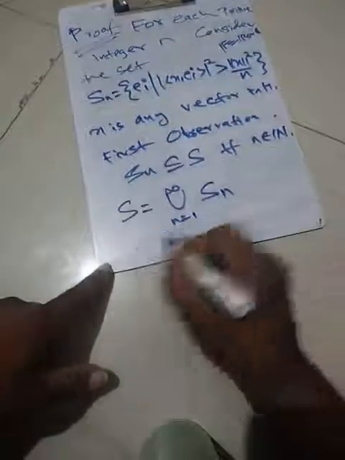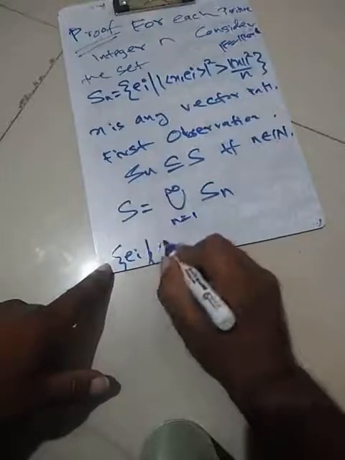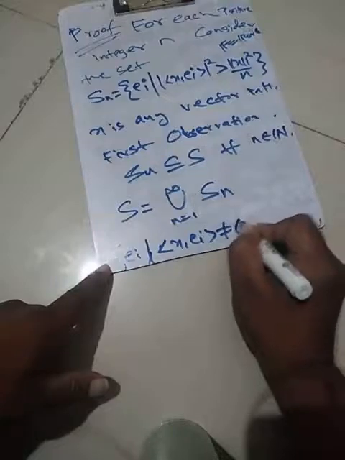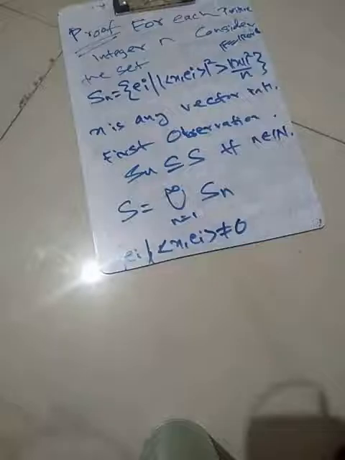Why is this the case? S is those e_i such that the inner product of x with e_i is non-zero. So if you take the absolute value or the modulus, it is strictly greater than 0, because the absolute value is a non-negative real number in both cases.